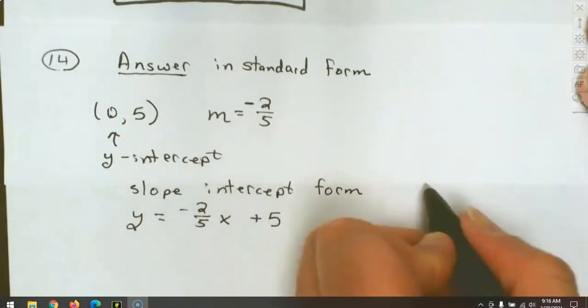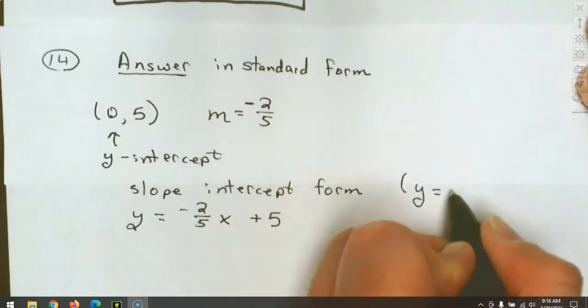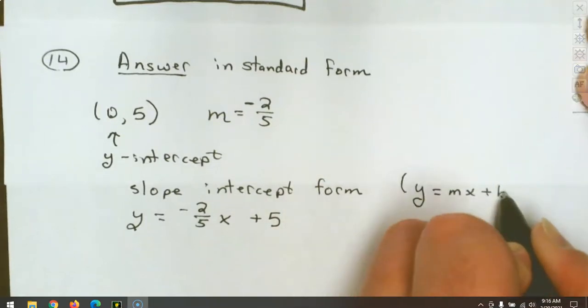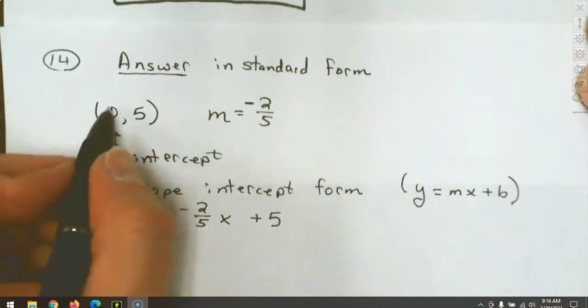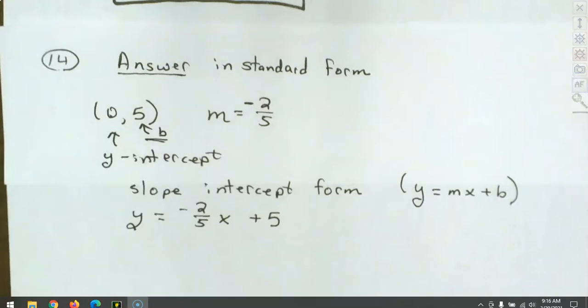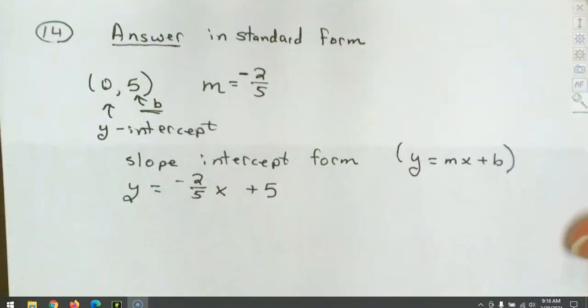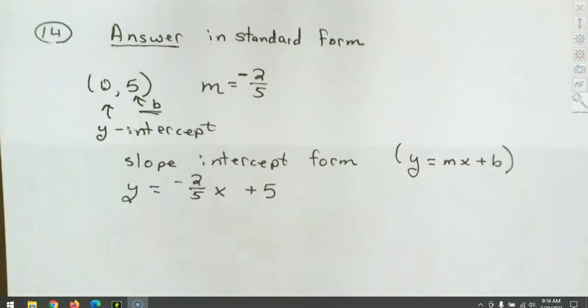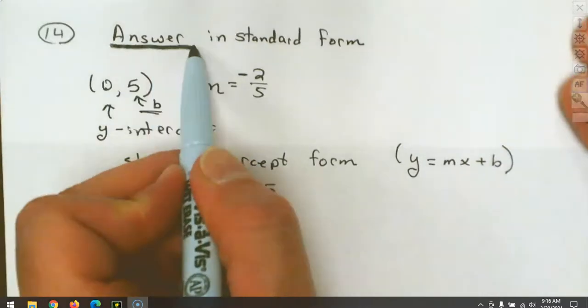Because slope-intercept form, remember, is y equals mx plus b. And that 5 is the b. However, we are not done. Because this one specifically says, write the equation in what?